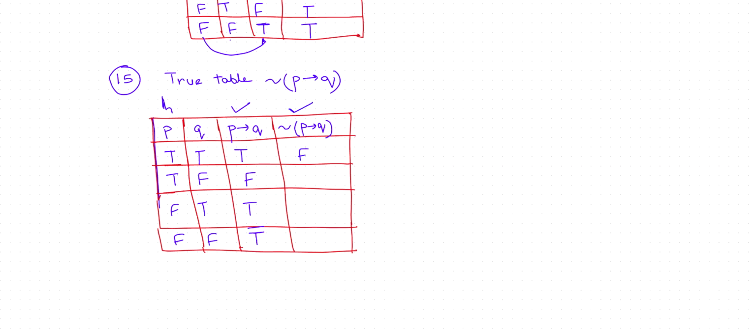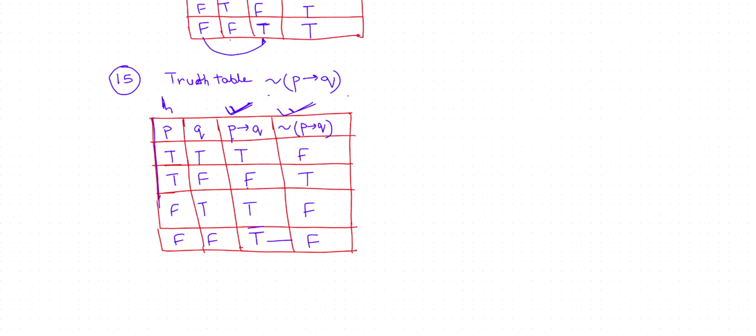So in this, we first made the if P then Q table, and then we negated it. So this is the truth table for not if P then Q.